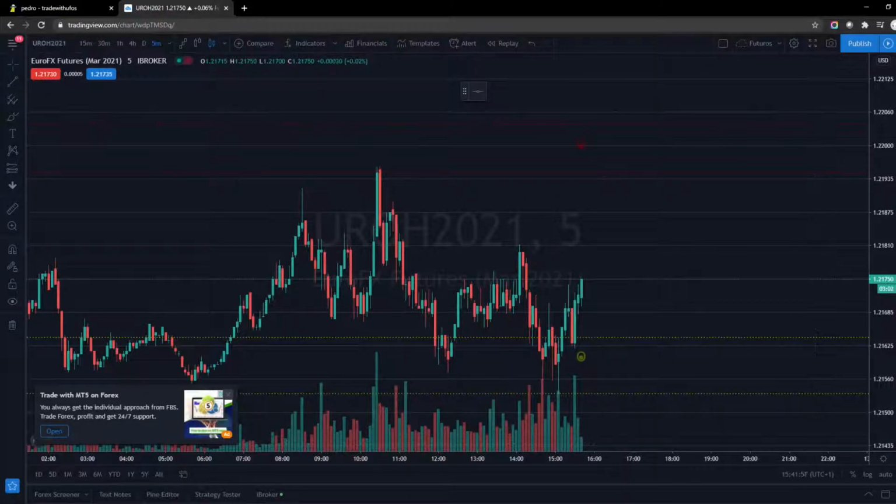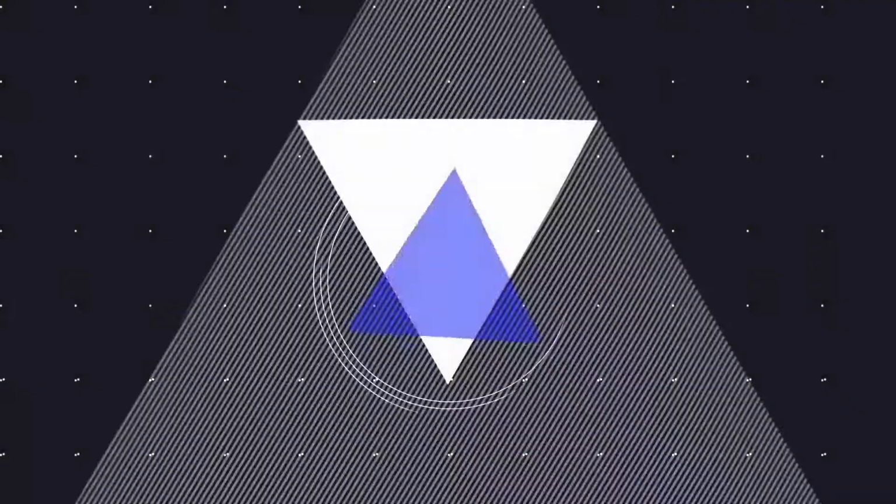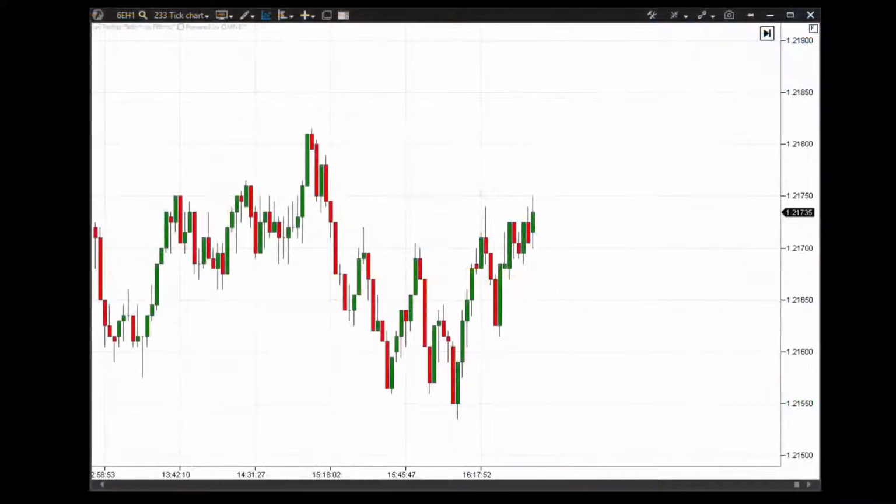All right, let's go back to the order flow chart we were looking at. Sorry. Here it is. All right. So we're now looking at the clean chart I was talking about.